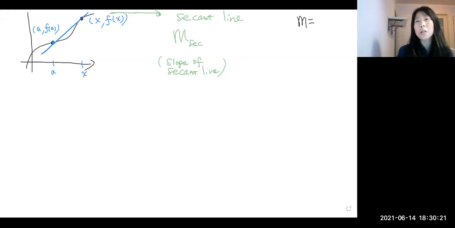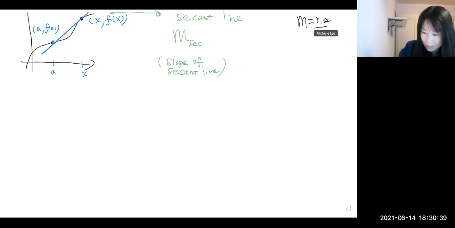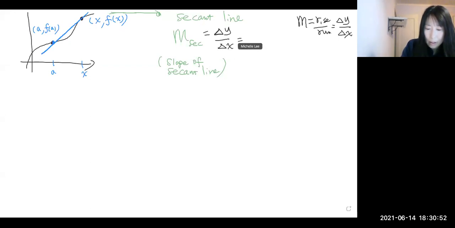The formula for slope. Wake up! Rise over run. Rise over run. Excellent. So that is change in y over change in x. Okay. Same as here. Change in y, change in x. That is y2 minus y1 over x2 minus x1.